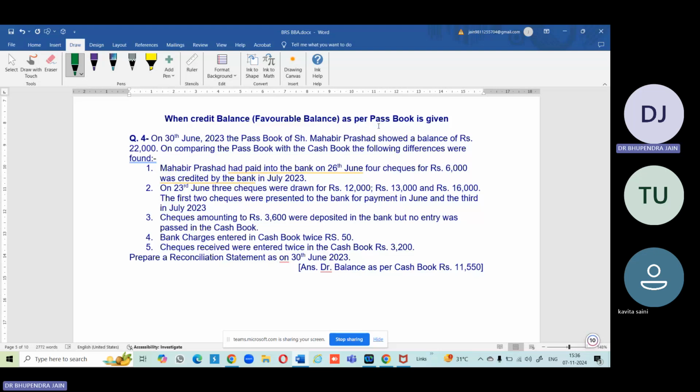Or if you have taken a loan from the bank, it is a liability for you, but an asset for the bank. So the balances are slightly opposite.